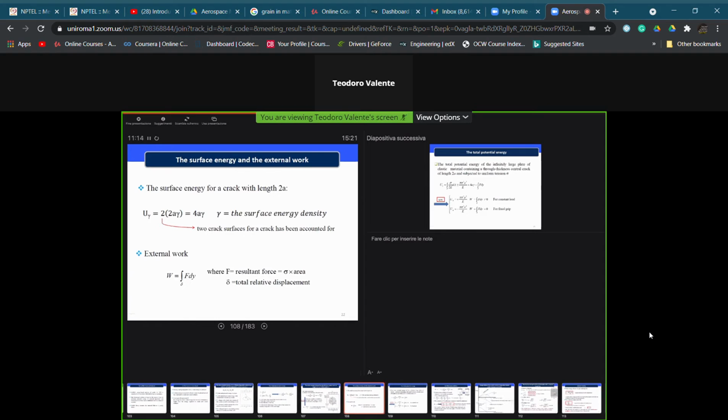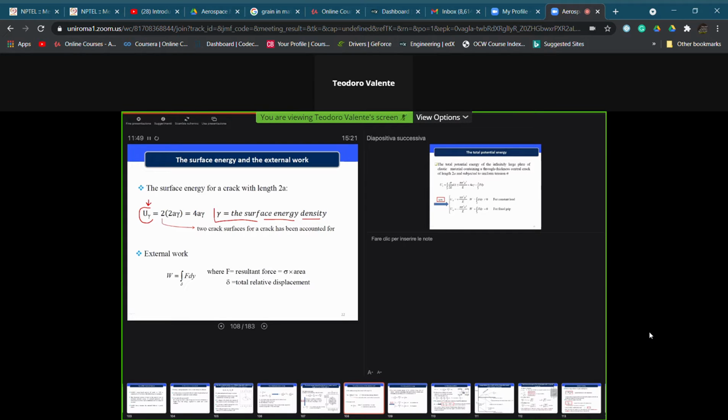For the third term, that is the energy related to the creation of new crack surfaces when the crack propagates, it is possible to define a quantity which is tabulated for all materials, called the surface energy density gamma, which multiplied by the complete surface gives us the value of U gamma.